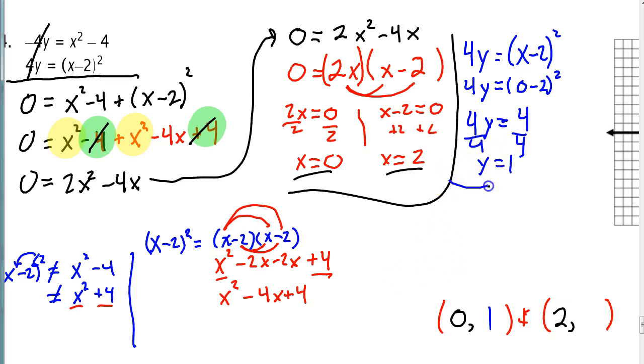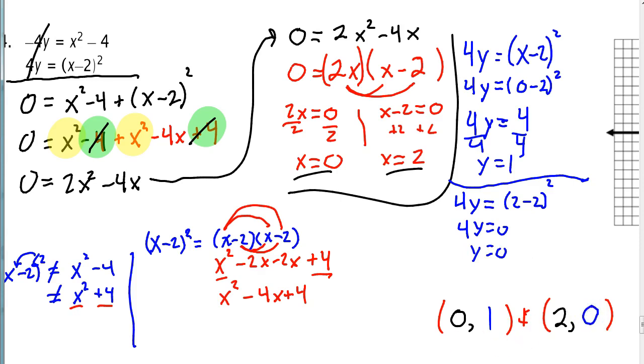And then repeat the same process with an x of 2. So we'll have 4y equals 2 minus 2 squared. Instead of 0 minus 2, now it's 2 minus 2. So that's going to be 0. Squared is 0. So 4 times what is 0? That'd be 0.